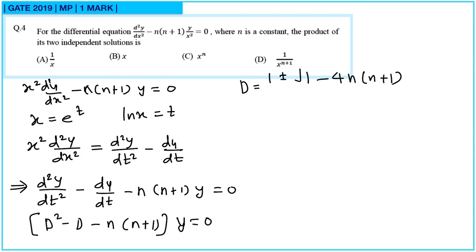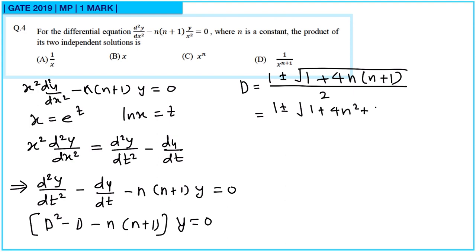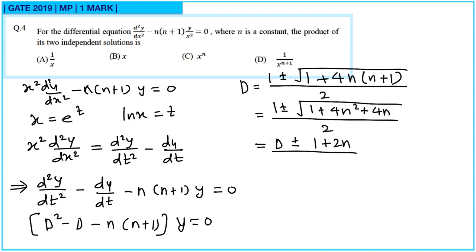Minus 4ac, minus minus, it will become plus, upon 2a. So this is equal to 1 plus or minus under root 1 plus 4n² plus 4n. So this is the square of 1 plus 2n. So this is D equal to (1 plus or minus (1 plus 2n)) upon 2.